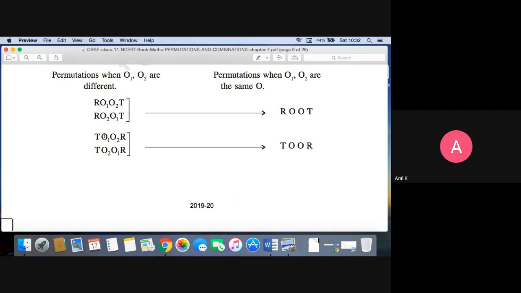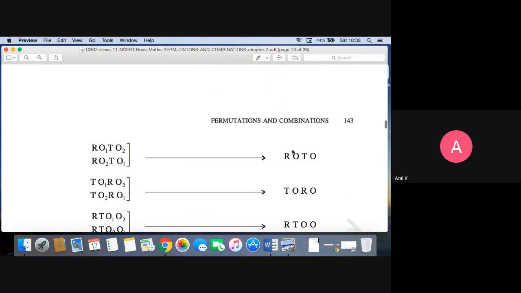Similarly, if I rearrange tour, T-O-O-R, you take O1, O2 first and second, or O2, O1 second and first, still this word will give me tour only. That means even if you have different ways of writing, eventually it is going to end as root only, and here it is going to end as tour only.